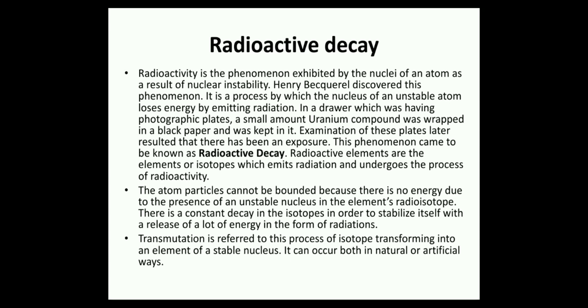There is a constant decay in the isotope in order to stabilize itself, with a release of a lot of energy in the form of radiations. Transmutation refers to this process of an isotope transforming into an element with a stable nucleus. It can occur in both natural and artificial ways.